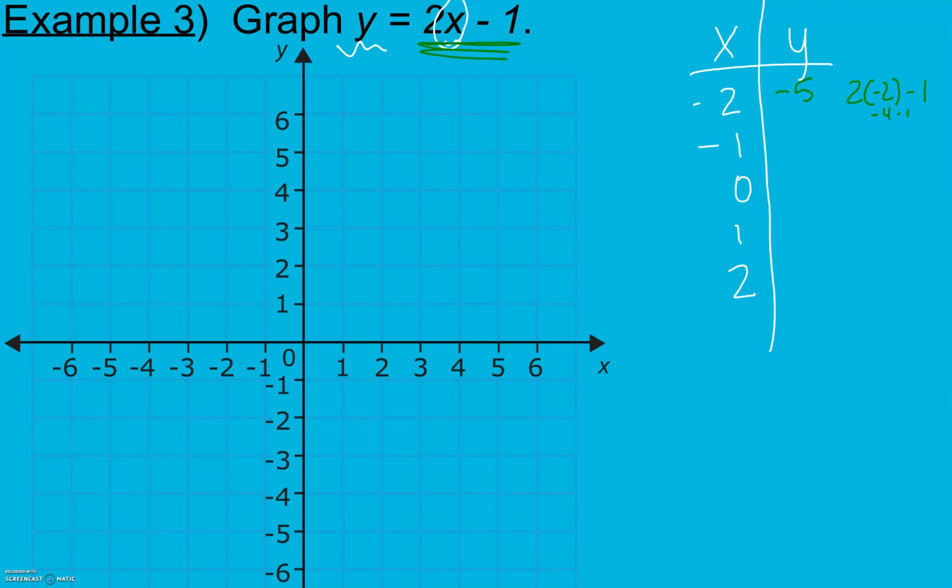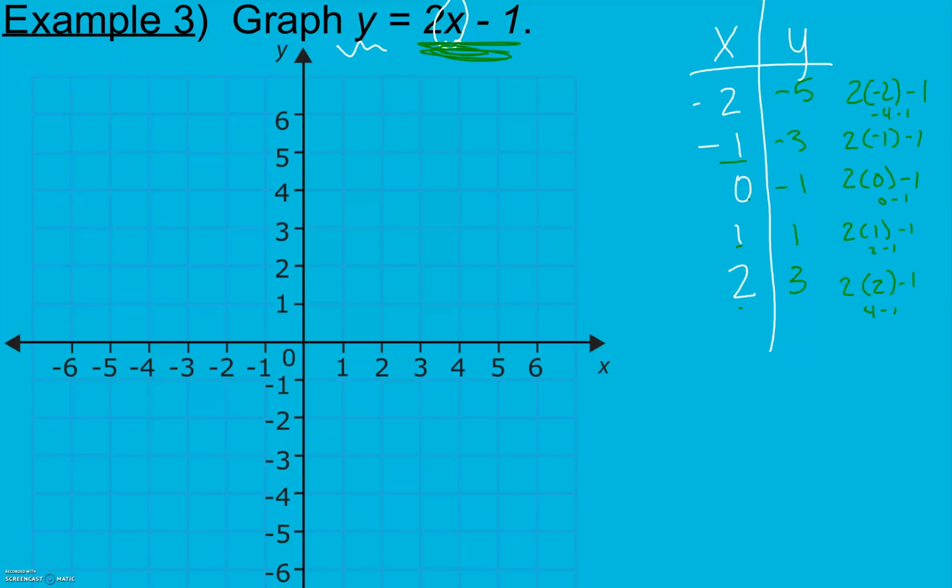I'm just plugging it into my function here. 2 times, instead of x though, I'm going to write -1. -2 minus 1, -3. 2 times my x here is 0, minus 1, 0 minus 1, -1. 2 times 1, my new x, minus 1 is 2 minus 1, 1. 2 times my x value, 2, minus 1, 4 minus 1, 3.